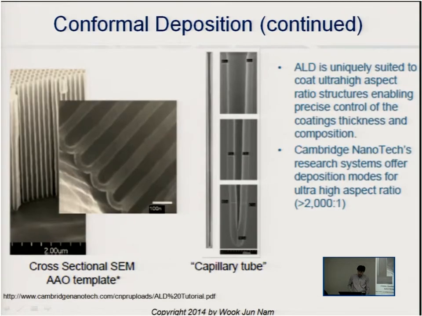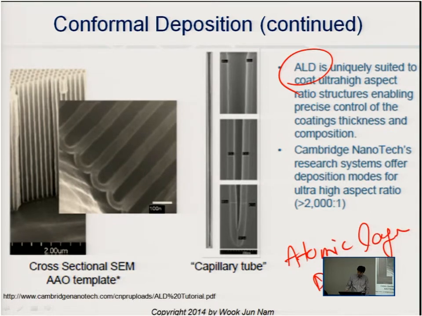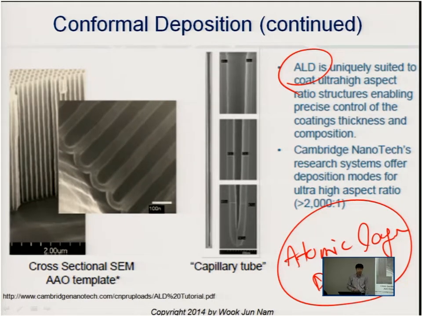So ALD, atomic layer deposition, is the technique you can use. Actually, I did not cover atomic layer deposition in today's lecture, even though this is a material deposition technique.